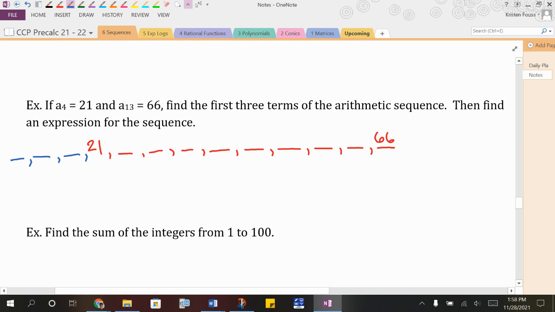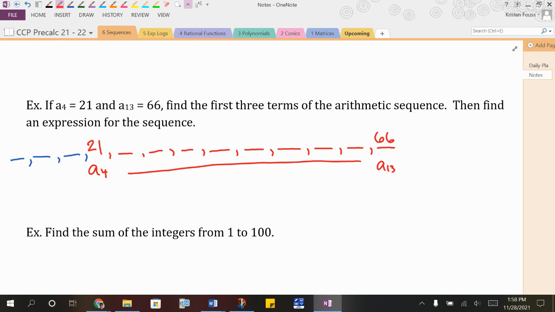Okay. So remember, D represents how much we're adding each time. And I mentioned earlier, it's kind of like a slope. I would like to know what it is that I'm adding. So if I'm going from term 4 to term 13, how many times have I added on a D? Well, they're 9 terms away, so that must represent 9 Ds.